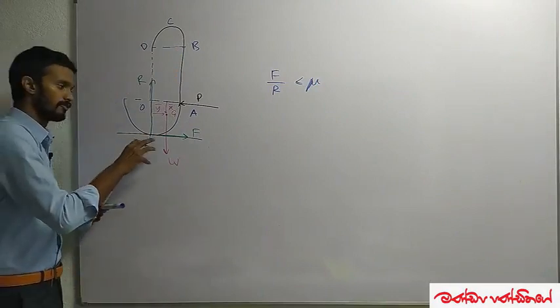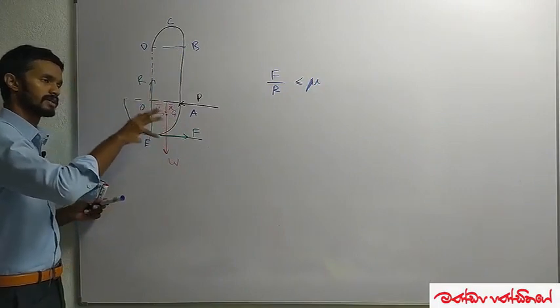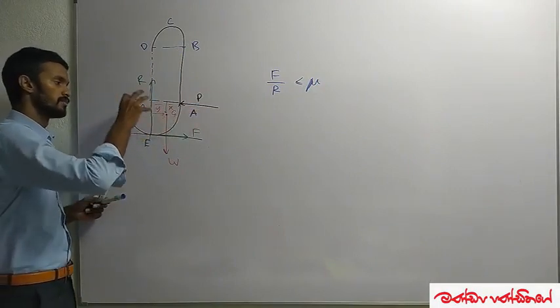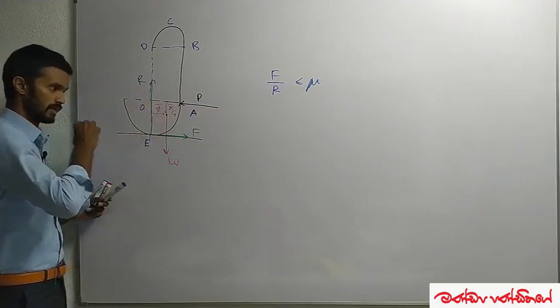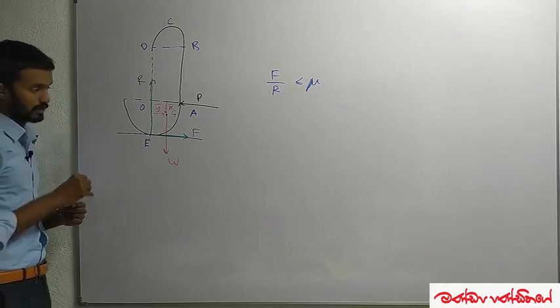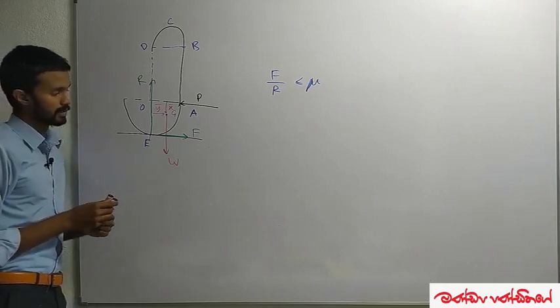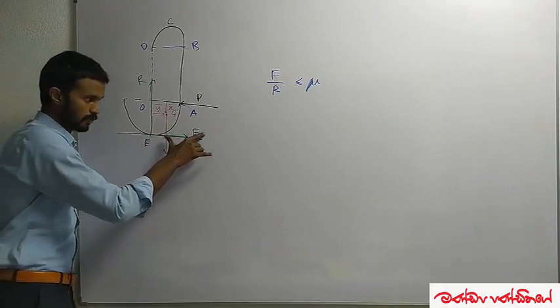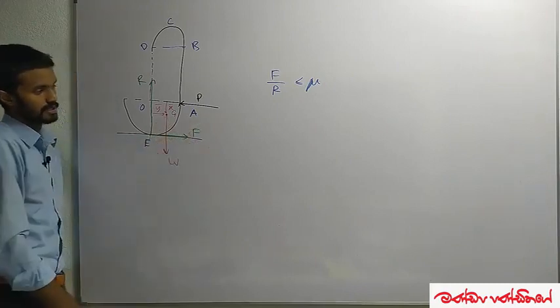Because if F has reached the limit of frictional force, at the very next moment the equilibrium of this system is lost. The equilibrium is lost if the frictional force has reached the limit.